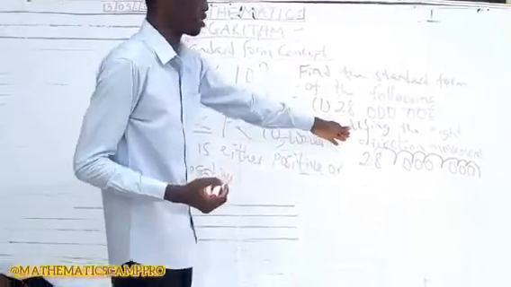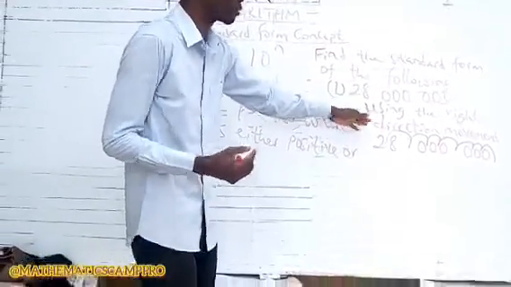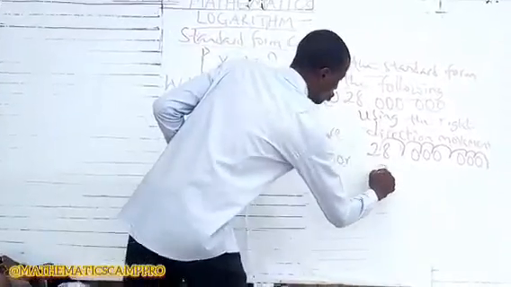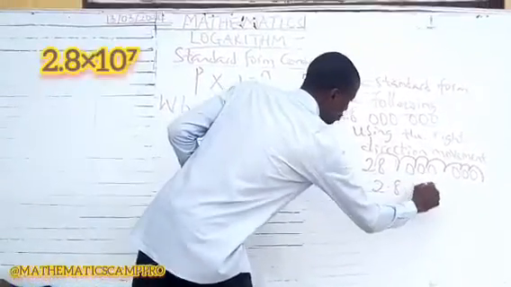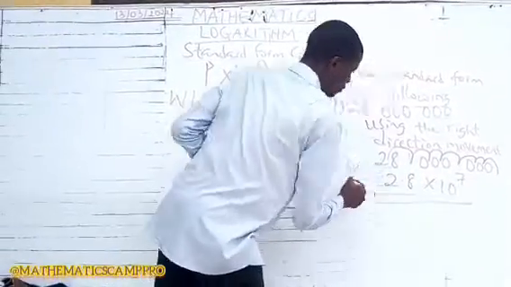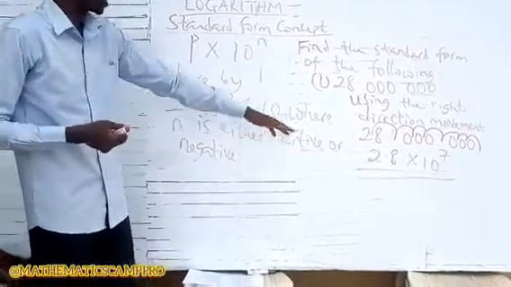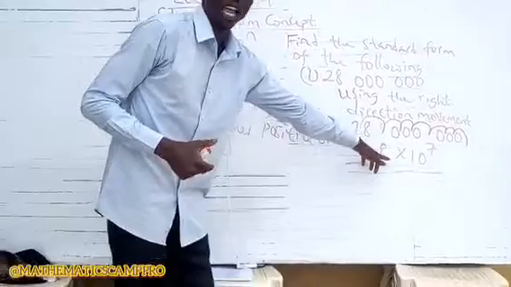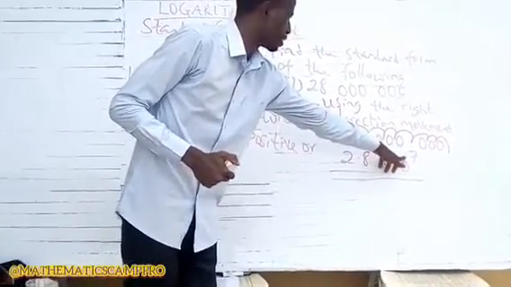How many moves did I make? I moved 7 times. Now for me to write this in standard form, it is going to be 2.8 times 10 raised to power 7.